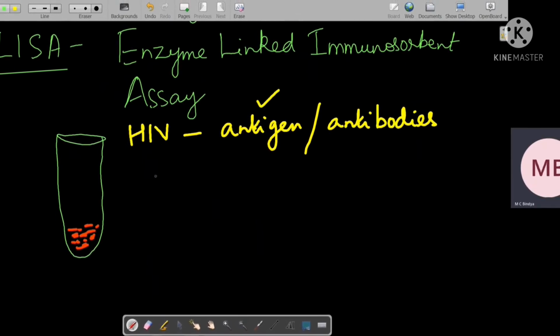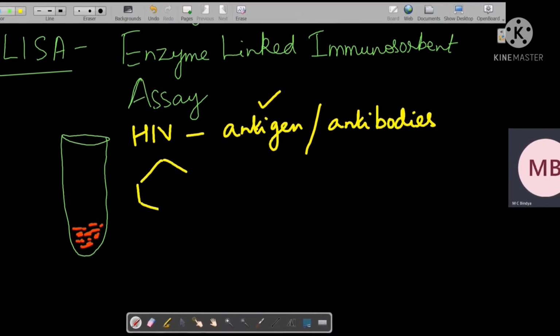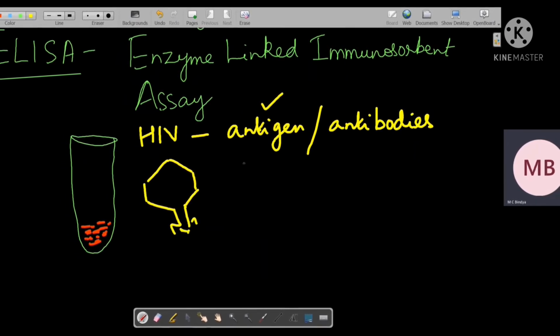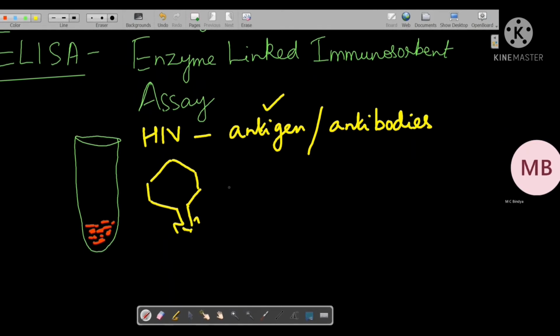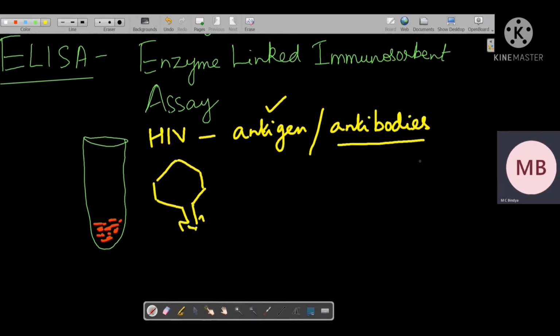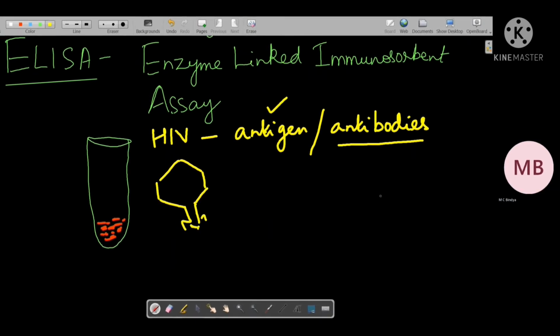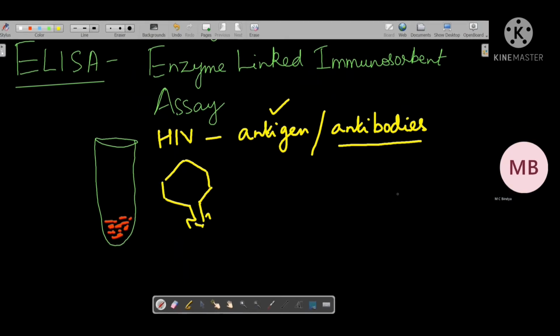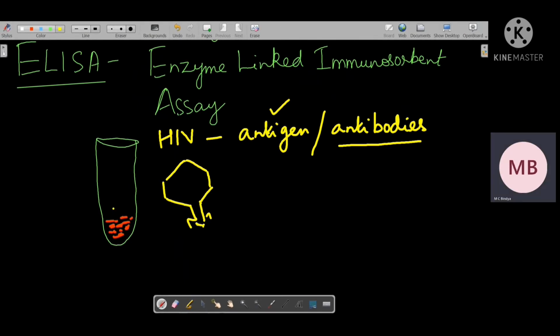Antigen means any part of the HIV virus. Any part, such as the protein coat, is called an antigen. Or they can even find whether antibodies are produced in response to the HIV antigen. Now suppose this is an HIV antigen.